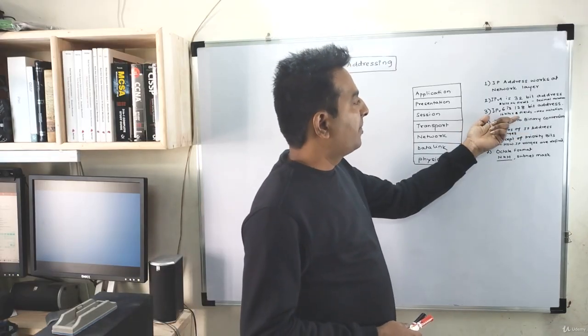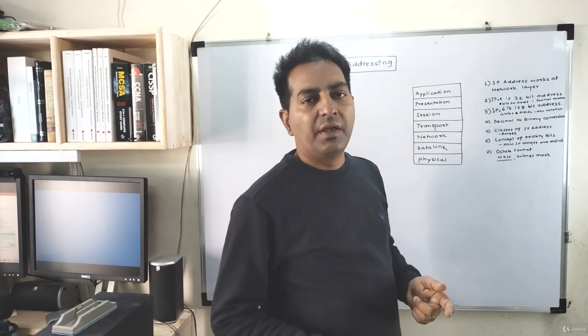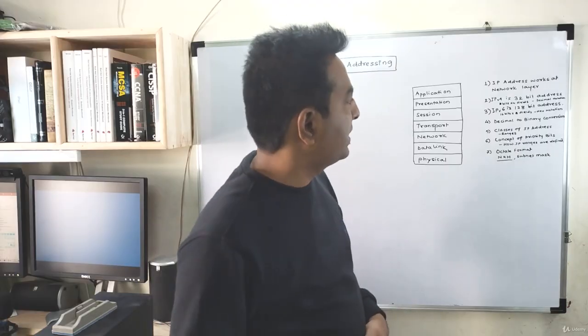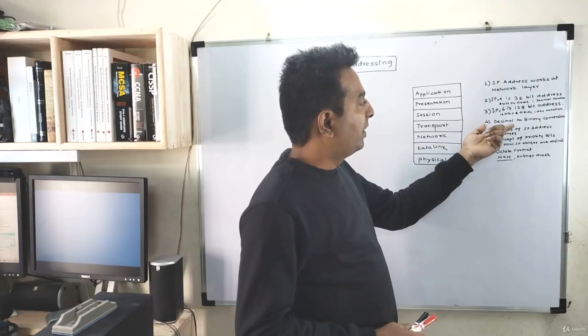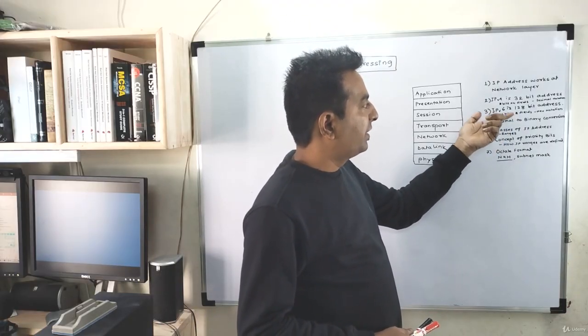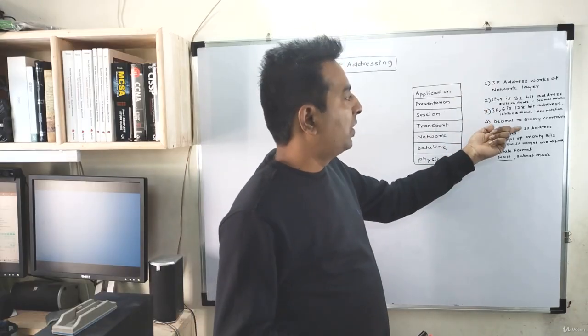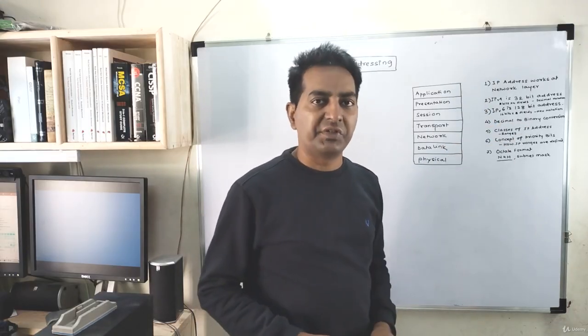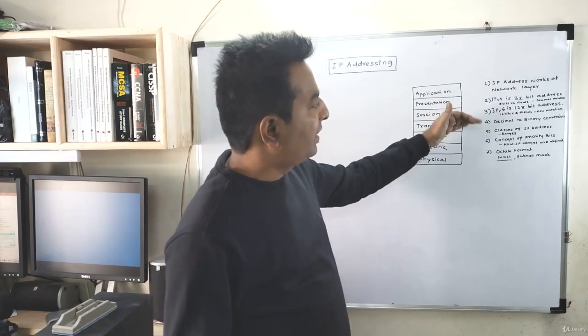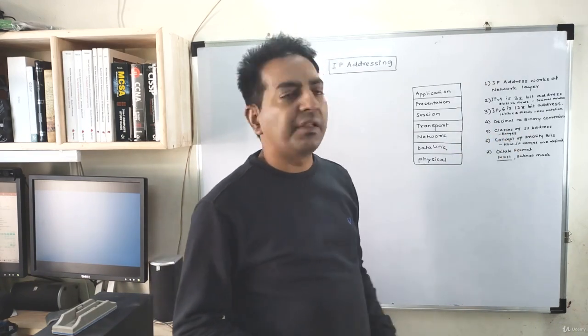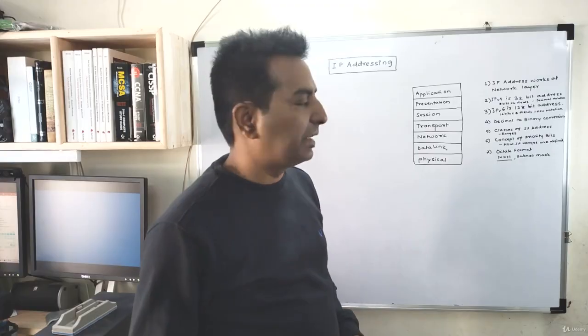Then we'll see IPv6, which is a 128-bit address. Then we'll discuss IPv4 and IPv6 further. We will talk about decimal and binary conversion, which is important to understand how different classes of an IP address are created.